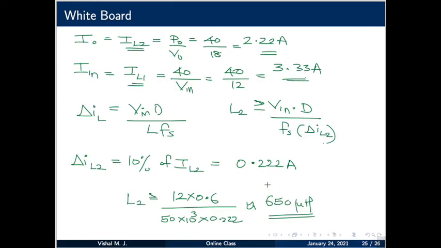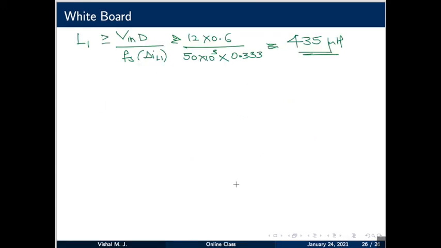Okay, now what is left is we have to design C1 and C2. For that, the output voltage ripple is (1 minus D) by 8 L C Fs square.